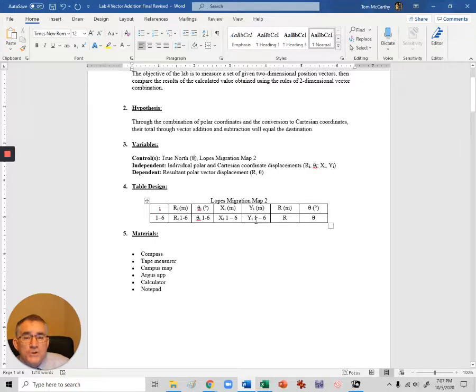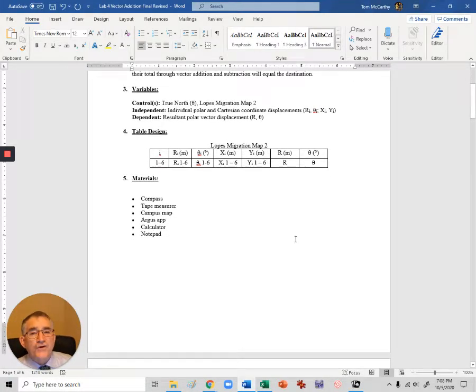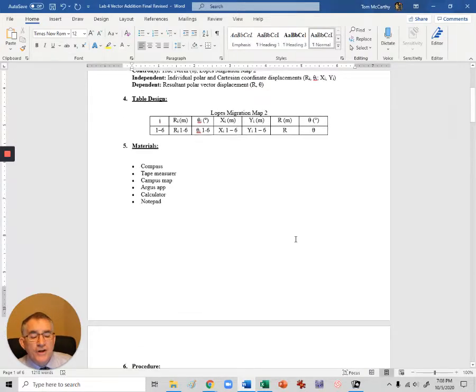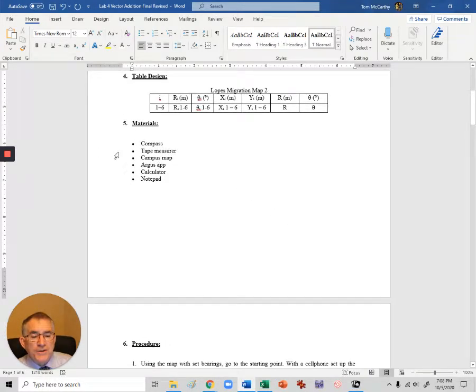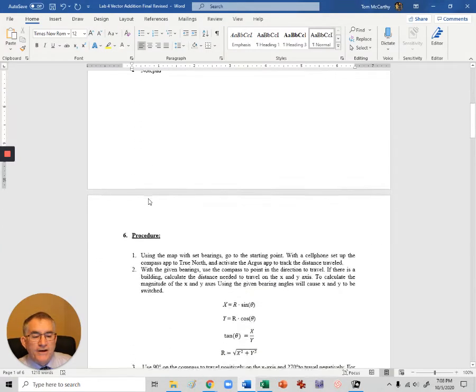And then the resultant is just a single number for R, the magnitude of your vector addition, your total displacement, and then the angle that it makes with north. Now remember, you're working true north. So all the angles, all the components, are determined relative to true north being 0 degrees. Anyway, the materials you can figure out, but they're right there.